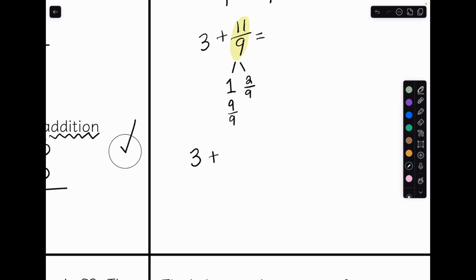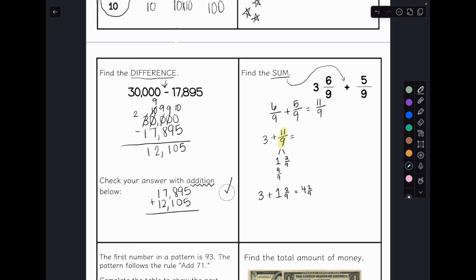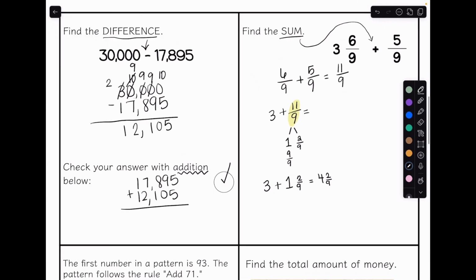So now we have 3 plus 1 and 2/9. And now I can add this across. 3 plus 1 equals 4. And we have 2/9 remaining. All right, I hope that helped. If there is another way that you feel like you could have solved this, please feel free to share with us in class, okay?